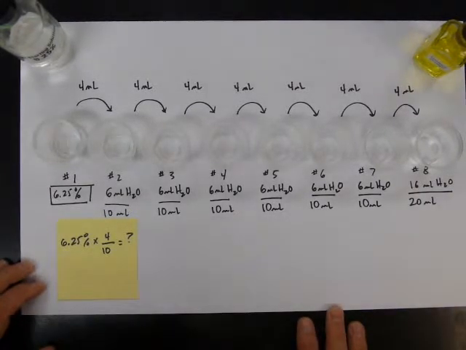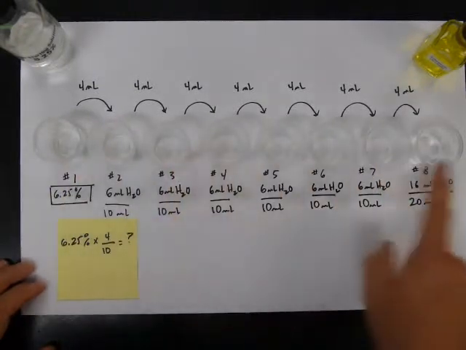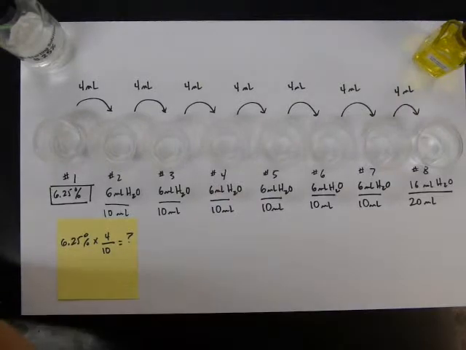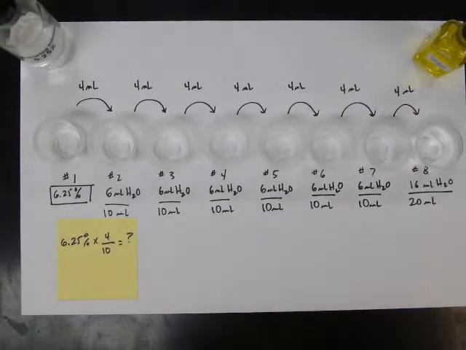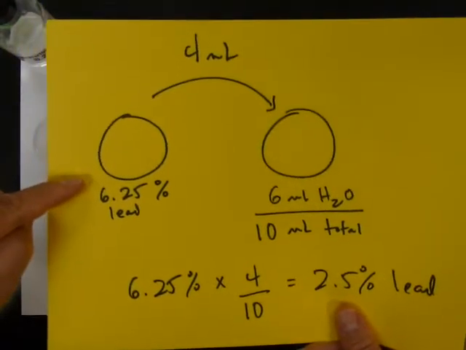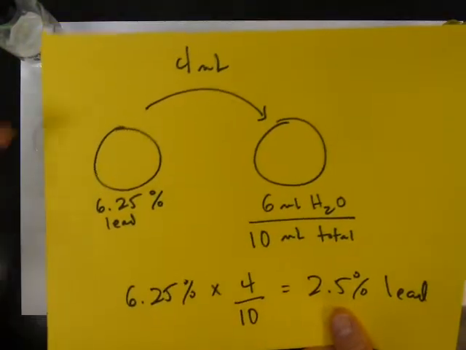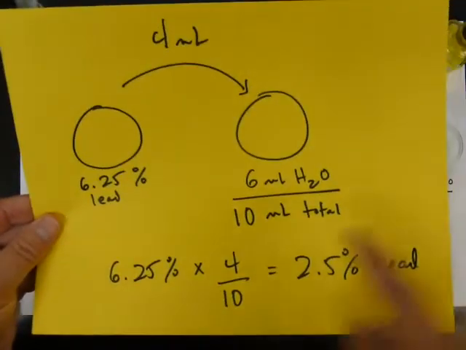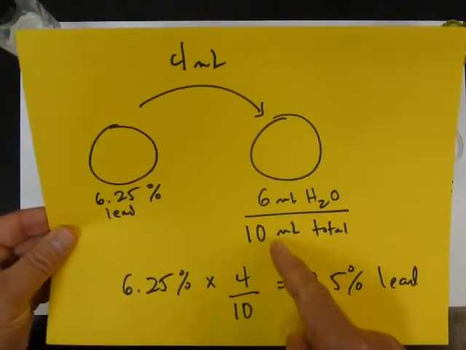What I need to know is what's the concentration of each one of these cups. I know the first one is 6.25. What about the second one? To calculate that, you take the concentration of the cup that you used to make the next one, and you take the amount that you added from one to the next, and you take the total of the volume.